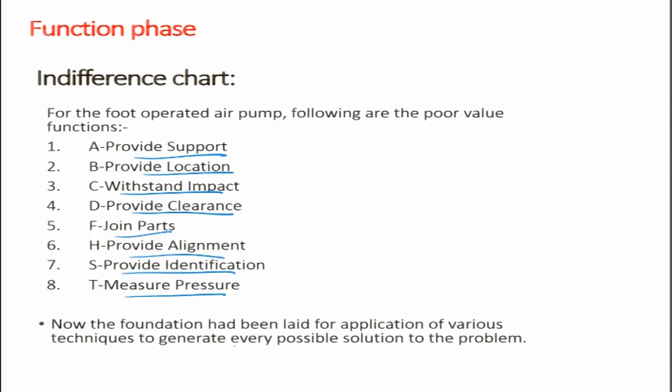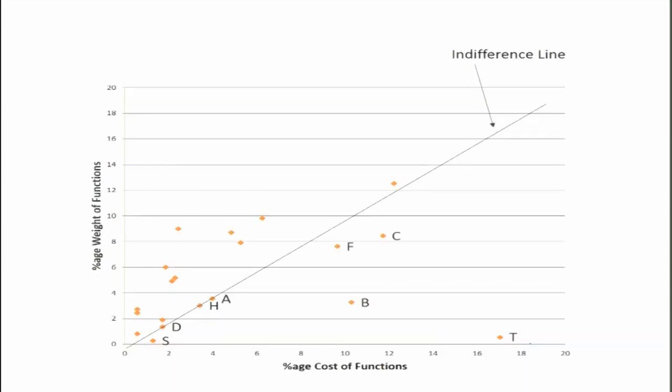So now the foundation has been laid for the application of various techniques to generate every possible solution to the problem. This is the indifference line, in which we have plotted the percentage weight of functions against the percentage cost of the functions. Any function below this line, because this is the ratio of weight to cost, is a poor value function.